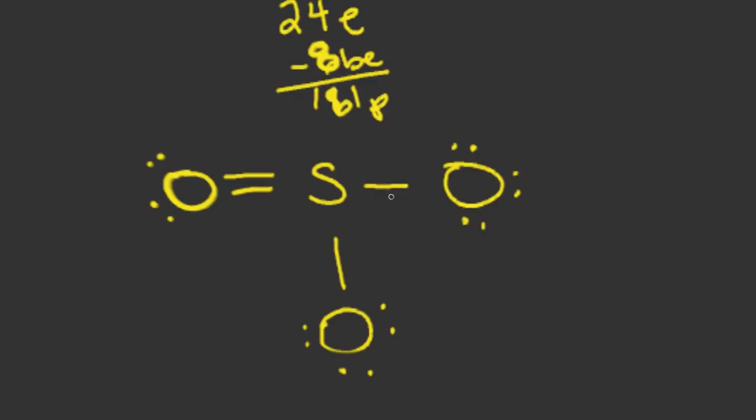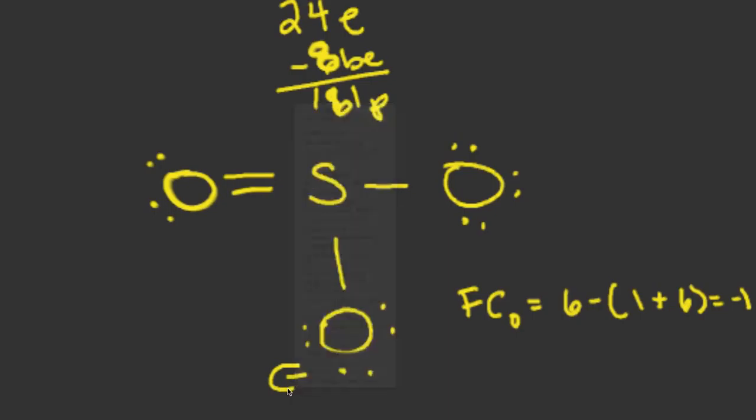Let's see if the charges work. So we need to be neutral. The formal charge on the oxygen is going to be 6 valence minus the 1 bond plus the 6 lone pair electrons, which is -1. So that means that this has a -1 charge, and then this one has a -1 charge. Let's look at the sulfur.